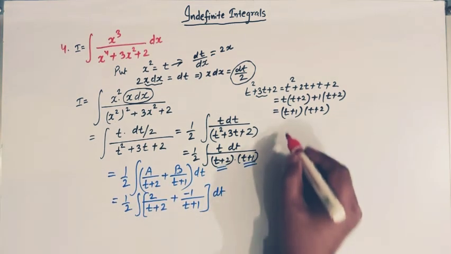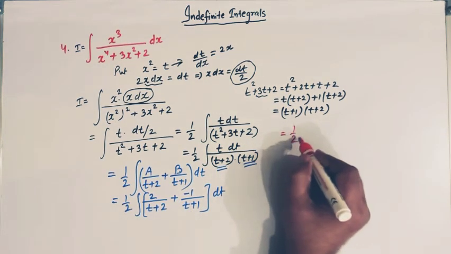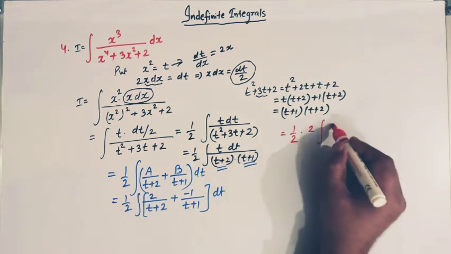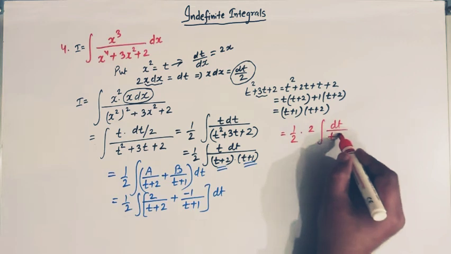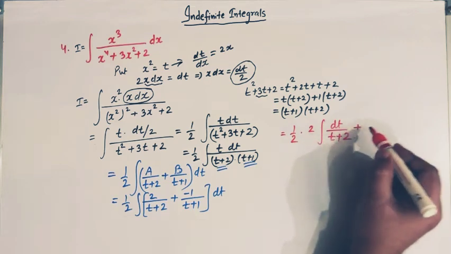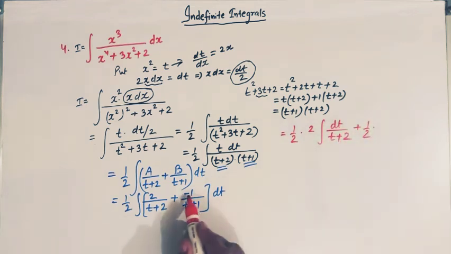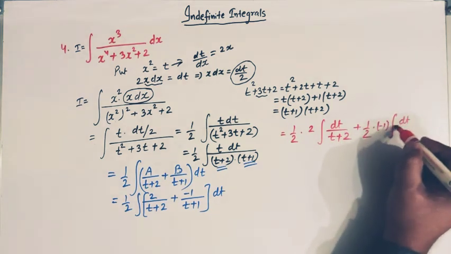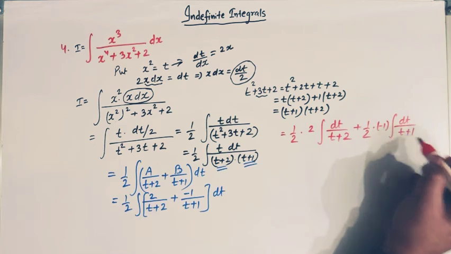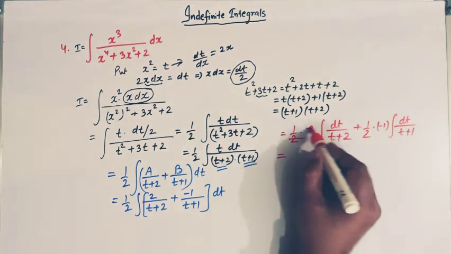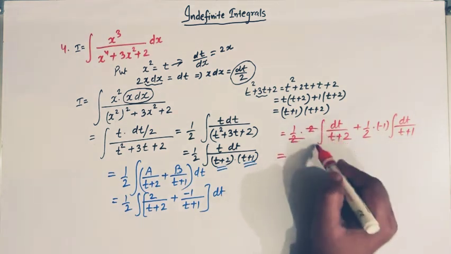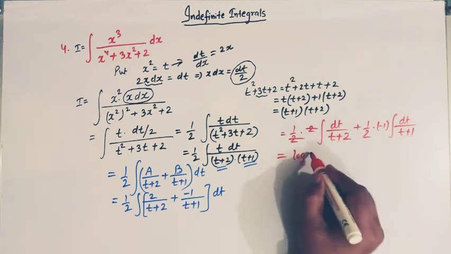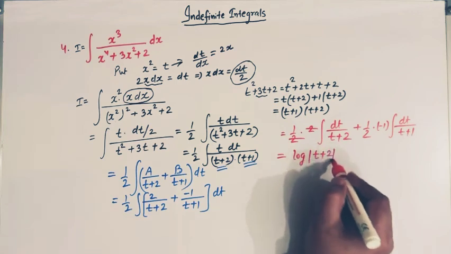Now this integral can be written as half, and this is 2 times dt over t plus 2, and this becomes half, and here we have minus 1 integral of 1 over t plus 1, right? So this 2 and this 2 get cancelled, so we have integral of 1 over t plus 2, that is log of t plus 2, right?